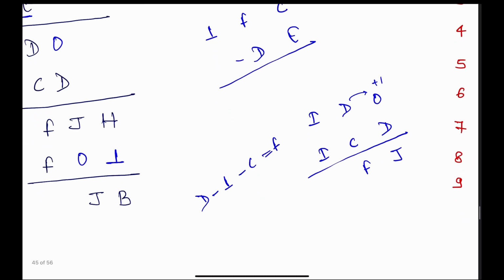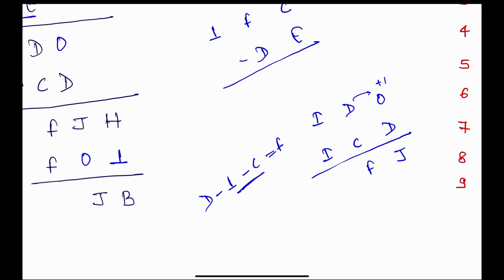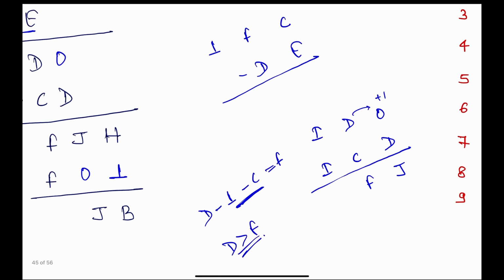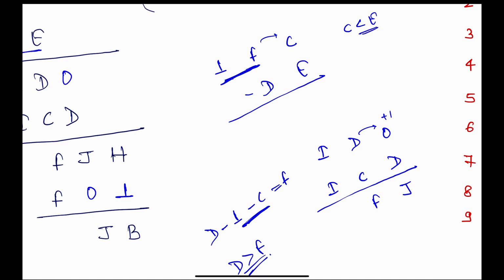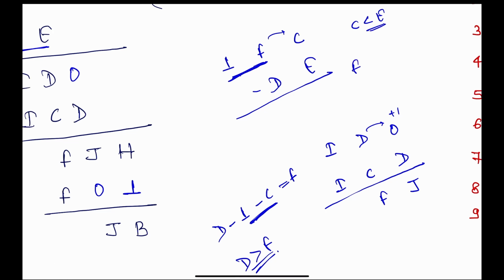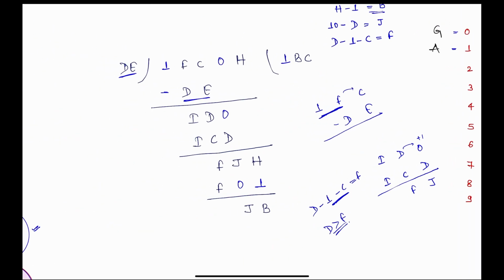So what I can say by looking at these things is that d is greater than f, right? And this is what we are getting from here also, that 1 at hundreds and f. Even if I suppose that c is less than e, then also f minus 1 is still f minus 1.